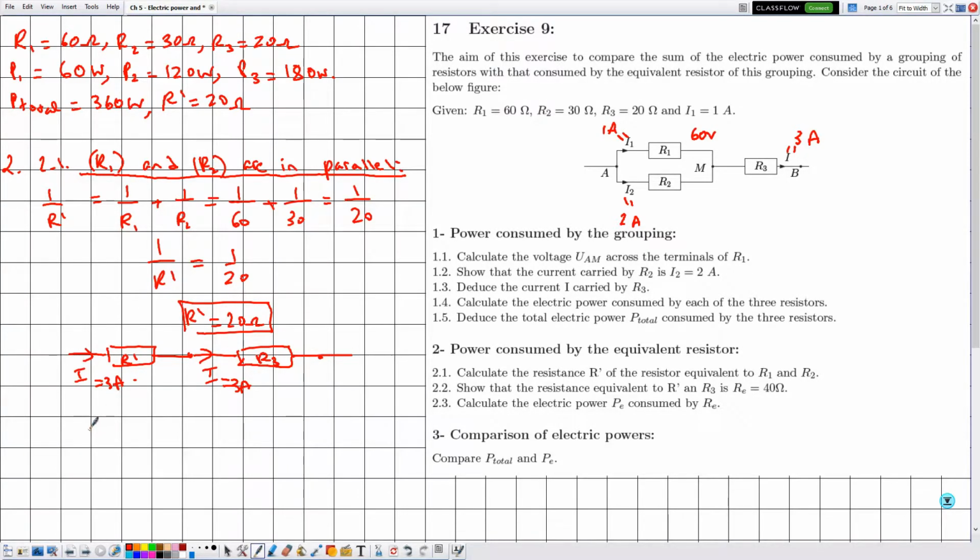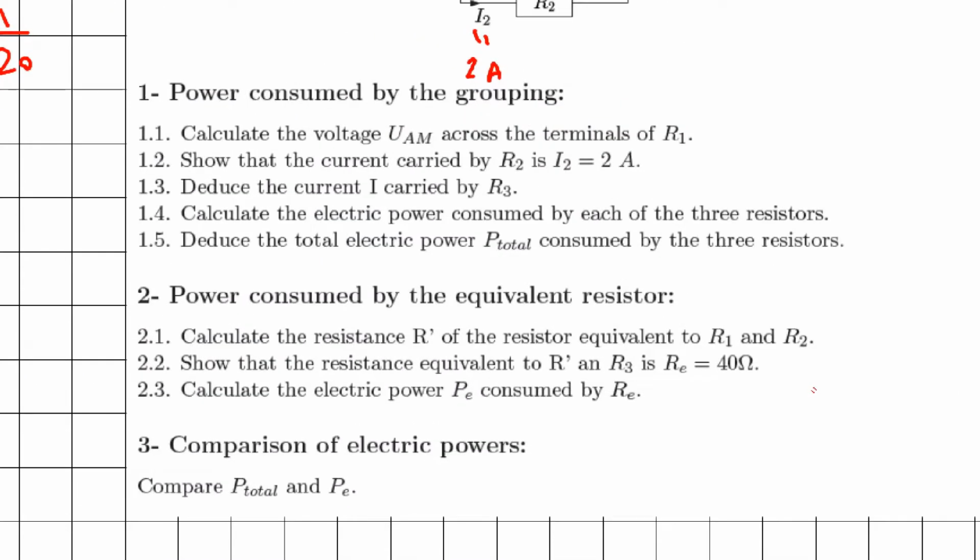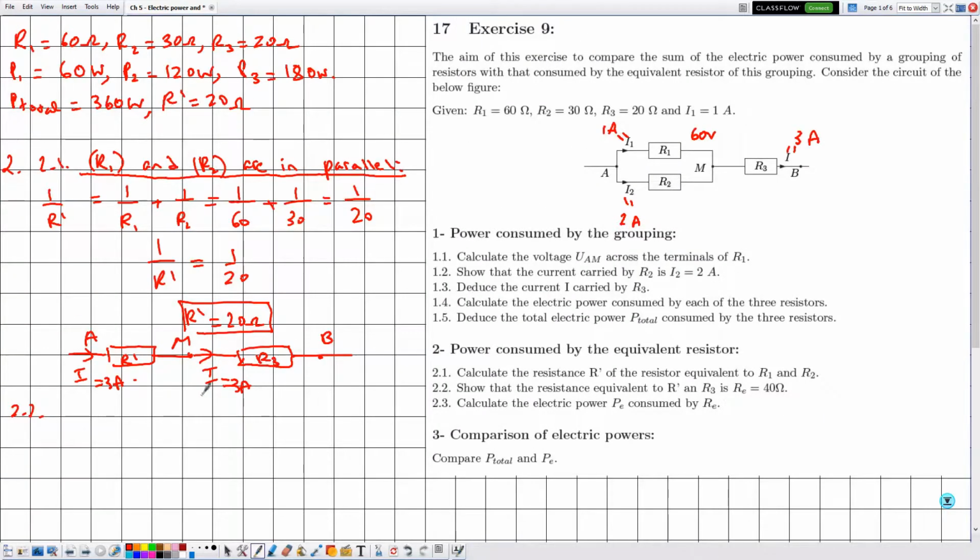Now in 2.2, this is the point A, this is the point M, and this is the point B. In 2.2, they are telling me to show that the equivalent resistance of R prime and R3 is RE, equal to 40 ohms. Notice that R prime and R3 are in series.